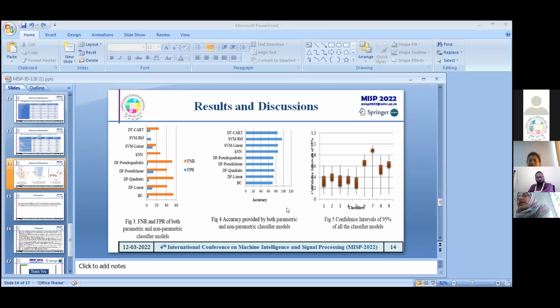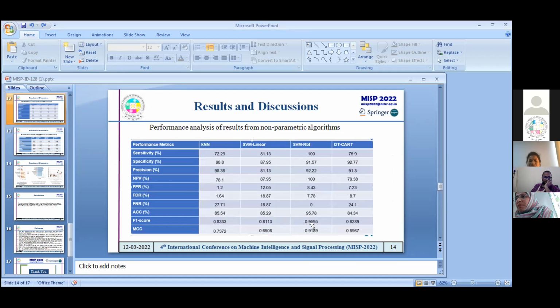Okay. The other question: when we are talking about healthcare, is sensitivity more important, or specificity? Can you go back to your slide number 12, I guess? Sensitivity or specificity, which of these two parameters is more important?